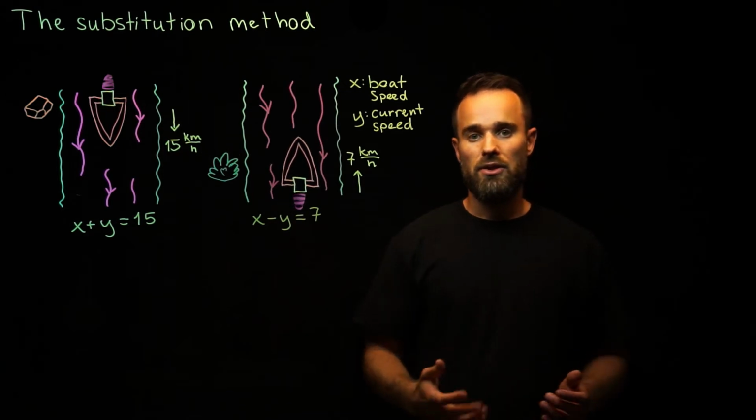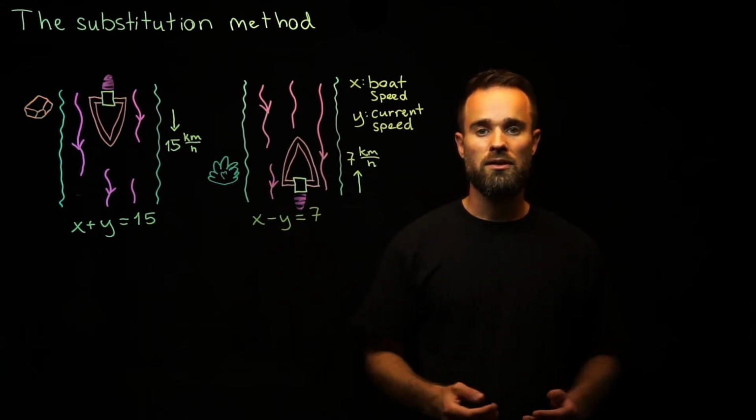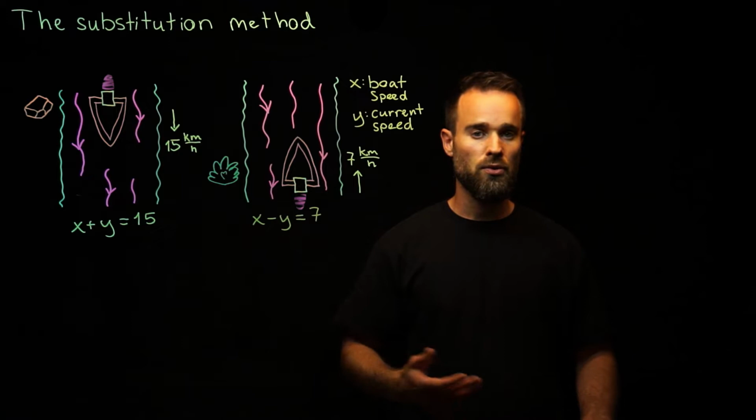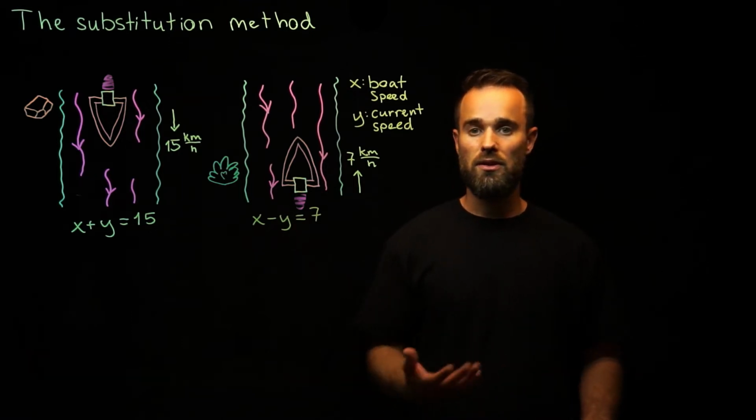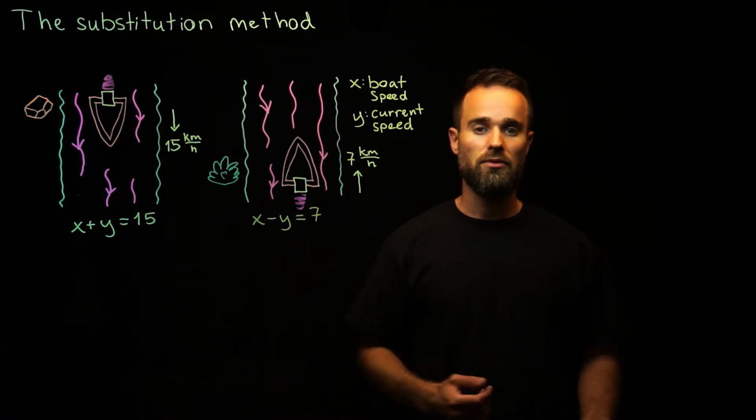With the given information, we've constructed two equations with two unknowns, also known as a system of equations. Two or more equations with the same variables make up a system of equations.